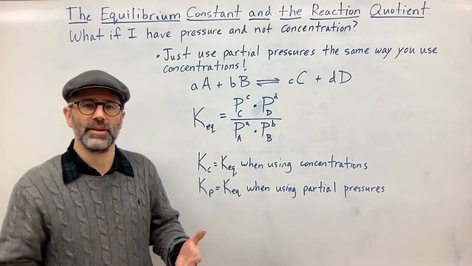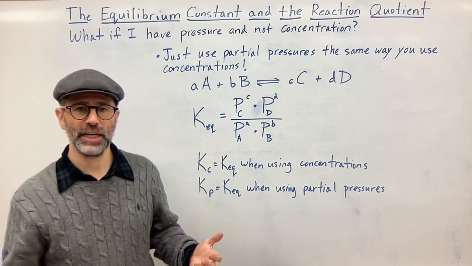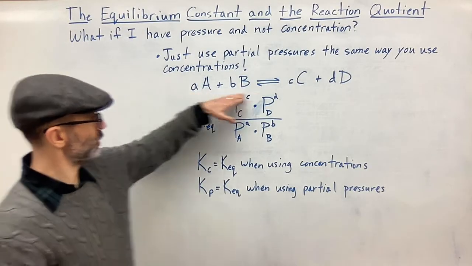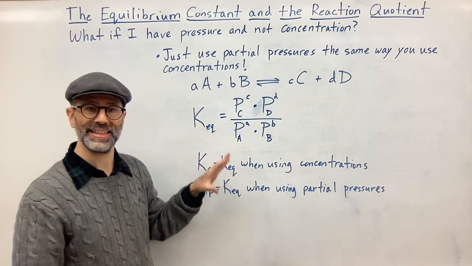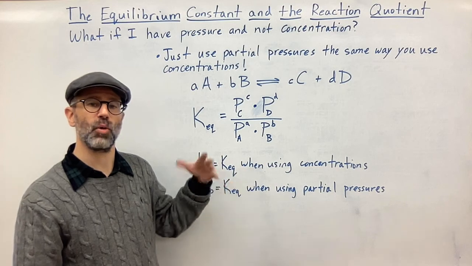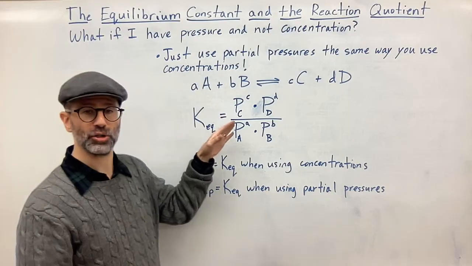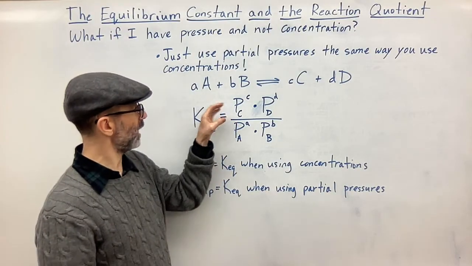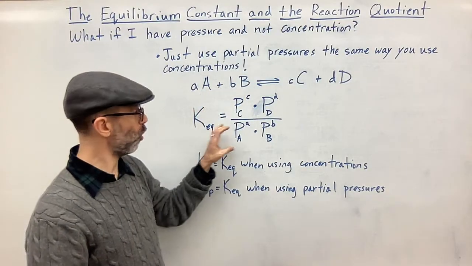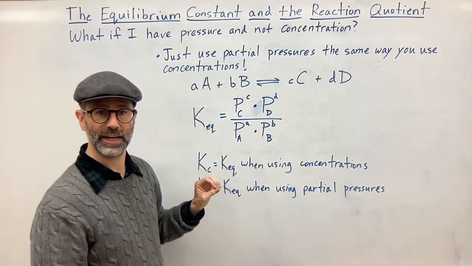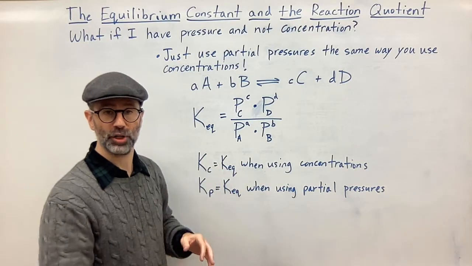Well, the great thing about that is you just use the partial pressures the same way you use concentrations. So here you have your generic equation. So here's your KEQ expression, and it's exactly the same as the one we saw before with concentrations. However, in this one, we're using partial pressures. So it's going to be the partial pressures of the products over the partial pressures of the reactants, all of them raised to the power of their coefficient.